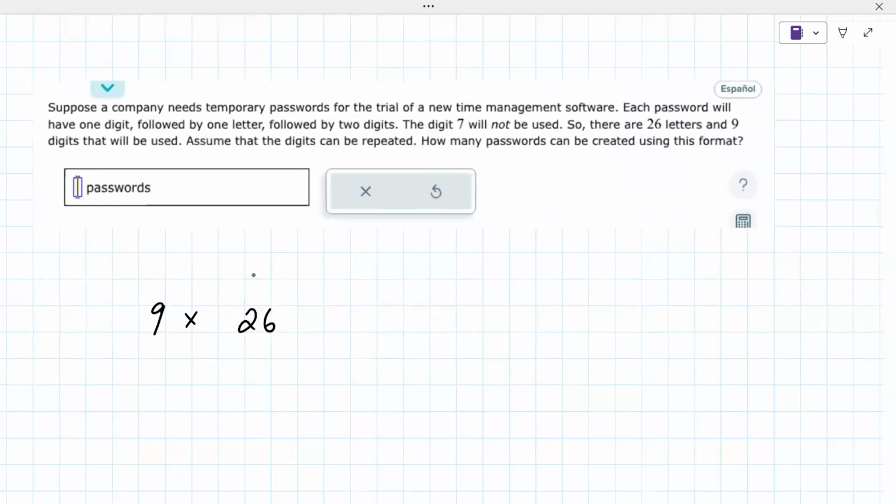There's 9 digits, followed by 1 letter, followed by 2 digits. So 1 digit, 1 letter, 2 digits. All right, so 9 times 26 times 9 times 9 ends up being 18,954. Actually 18,009. Yes, it's correct.